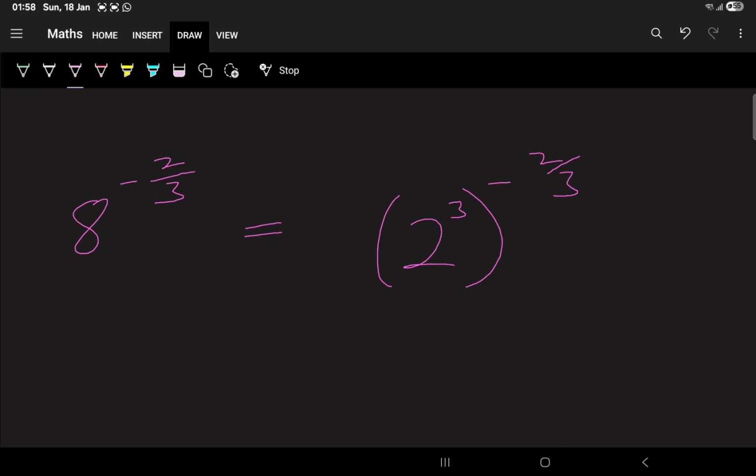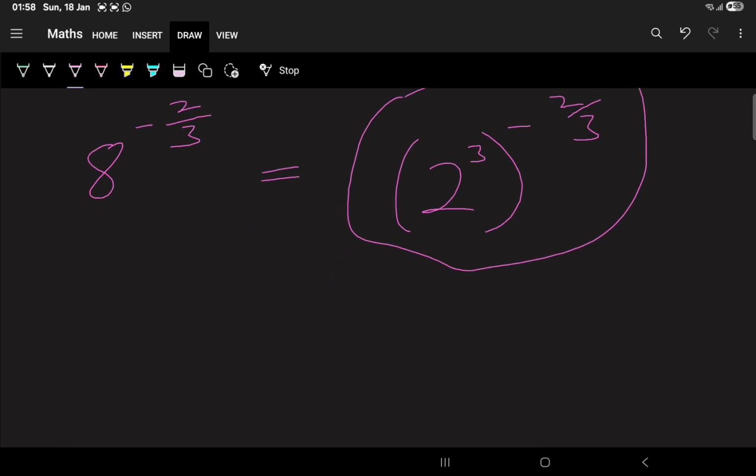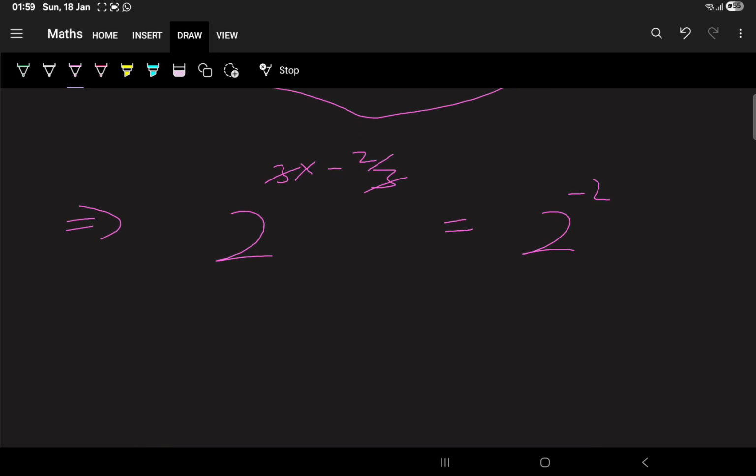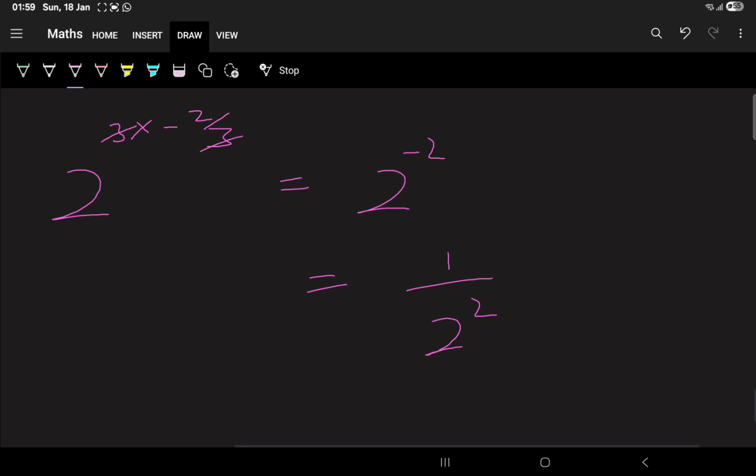Now here we have another product of indices, so this is going to be 2 raised to the power of 3 times negative 2 over 3. This is going to simplify to 2 raised to the power of negative 2, and over here we have a negative index, so this is going to be 1 over 2 squared, and this is going to be equal to 1 over 4.